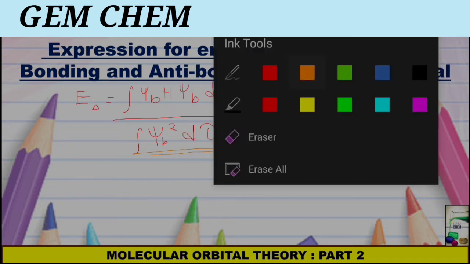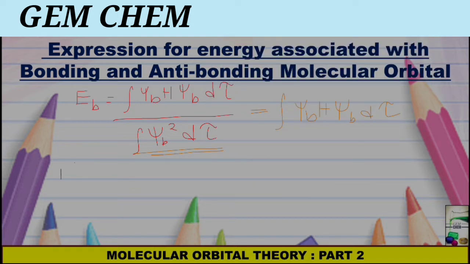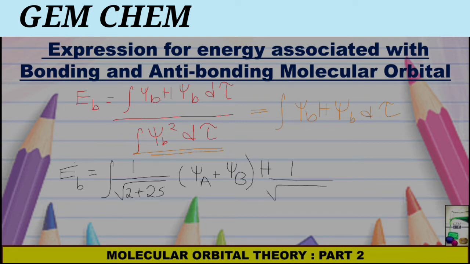Now if we try to write down the next portion of EB, then we can write it as EB equals integration of 1 by root over 2 plus 2s in bracket xi a plus xi b. Then we have the Hamiltonian operator, again 1 by root over 2 plus 2s, xi a plus xi b, and we have d tau.